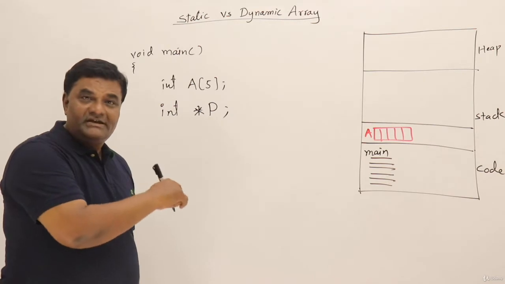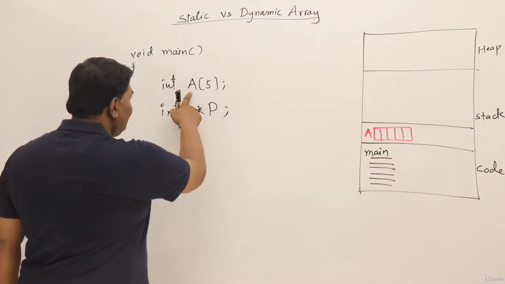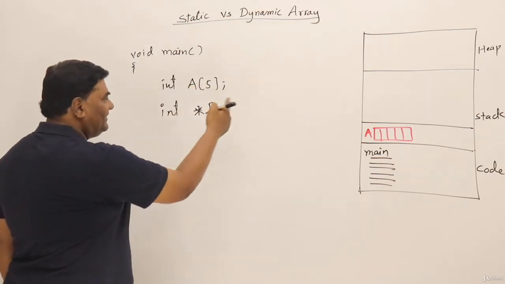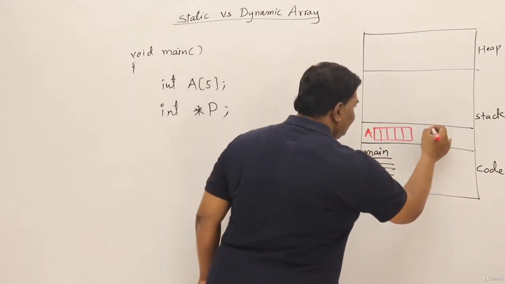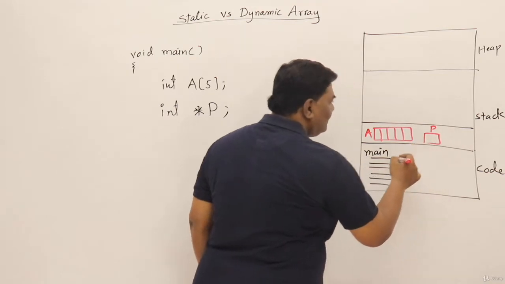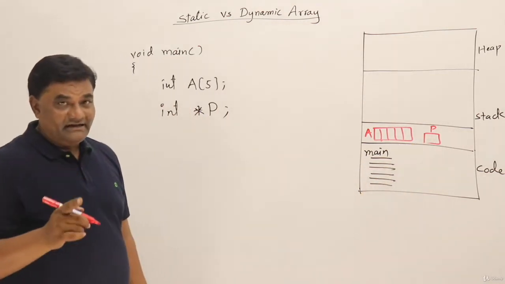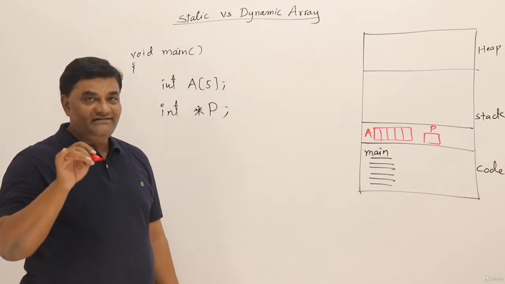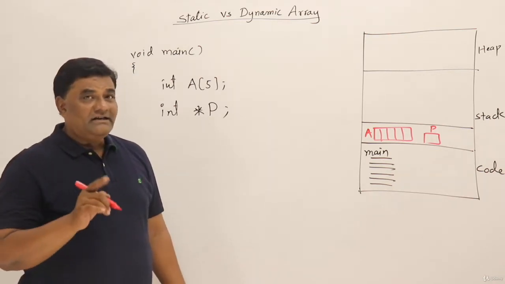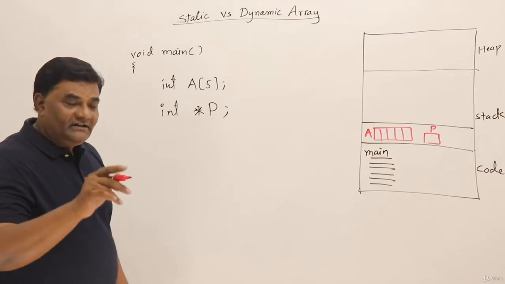Now where will this p get the memory? As a is a variable of type array, p is also a variable, so this will also get the memory inside the stack. Now remember, in any language, when you declare a variable, the memory for that variable will go inside the stack only.